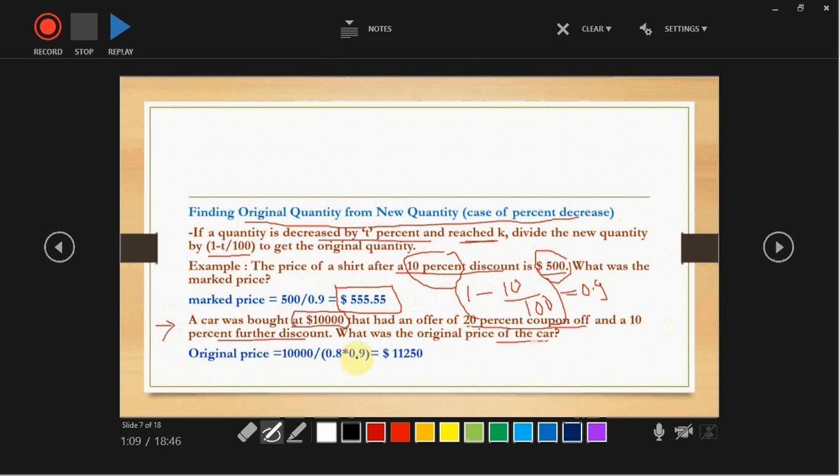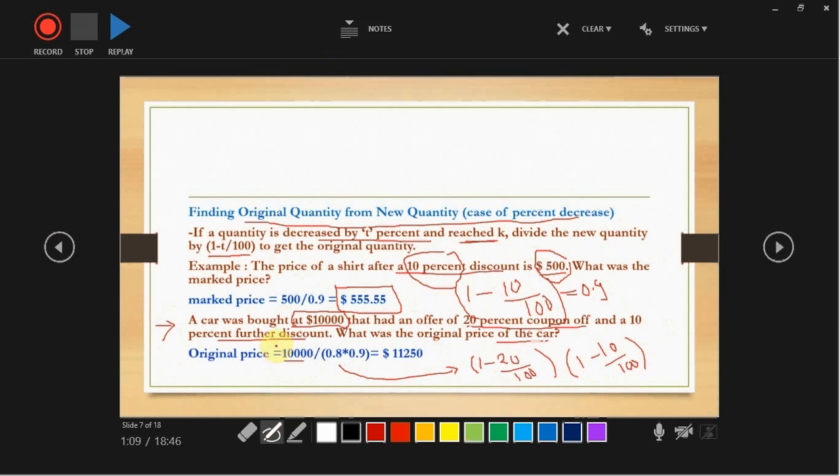To know the original price of the car, we divide this new quantity by 0.8 and 0.9. This 0.8 has been put here from the formula 1 minus 20 divided by 100, and this 0.9 has been put from the formula 1 minus 10 divided by 100.